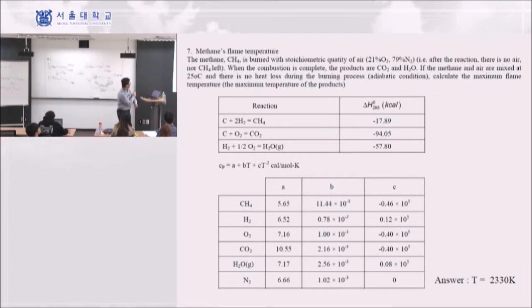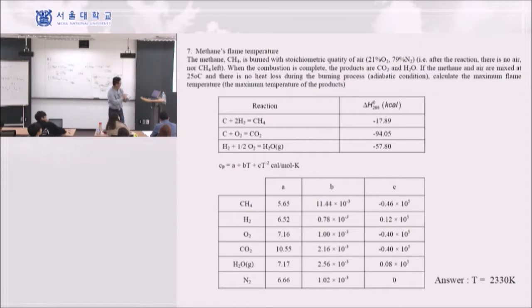And if the methane and air are mixed at 25 degrees Celsius and there is no heat loss during the burning process, it means adiabatic condition. Calculate the maximum flame temperature.